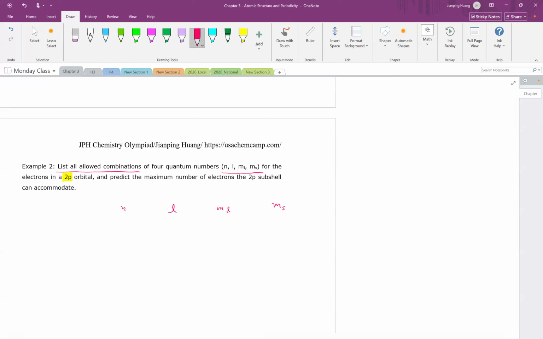Now they said 2p. So N equals 2, L equals 1.